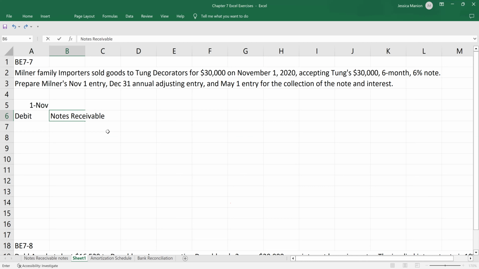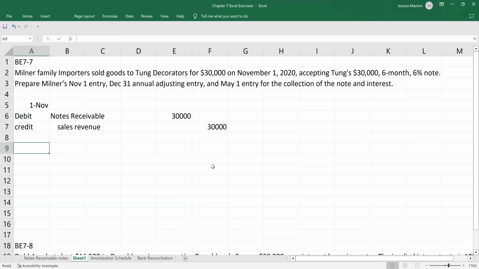Since it's less than a year, we're not calculating the present value of future cash flows. So we just need to debit notes receivable for $30,000, credit sales revenue for $30,000. That's what our entry would look like to record the sale.